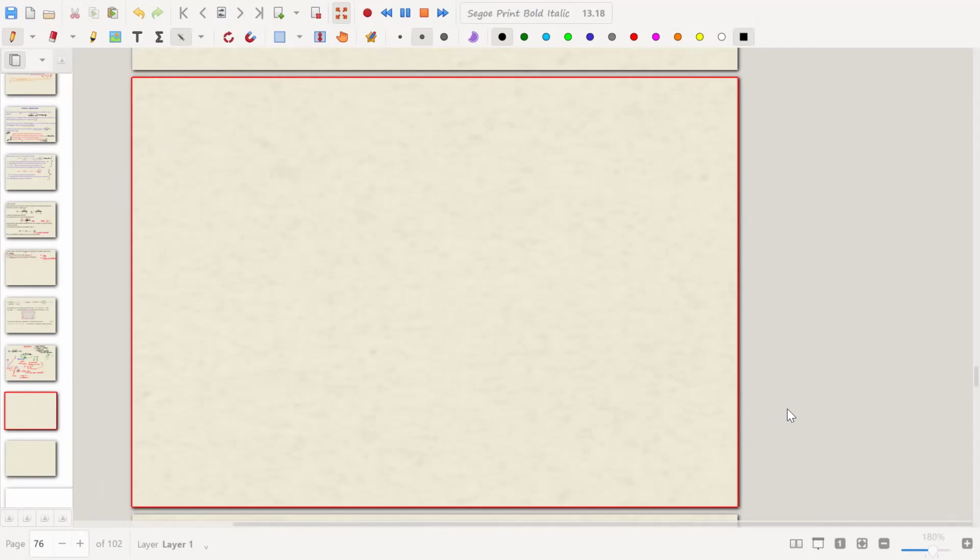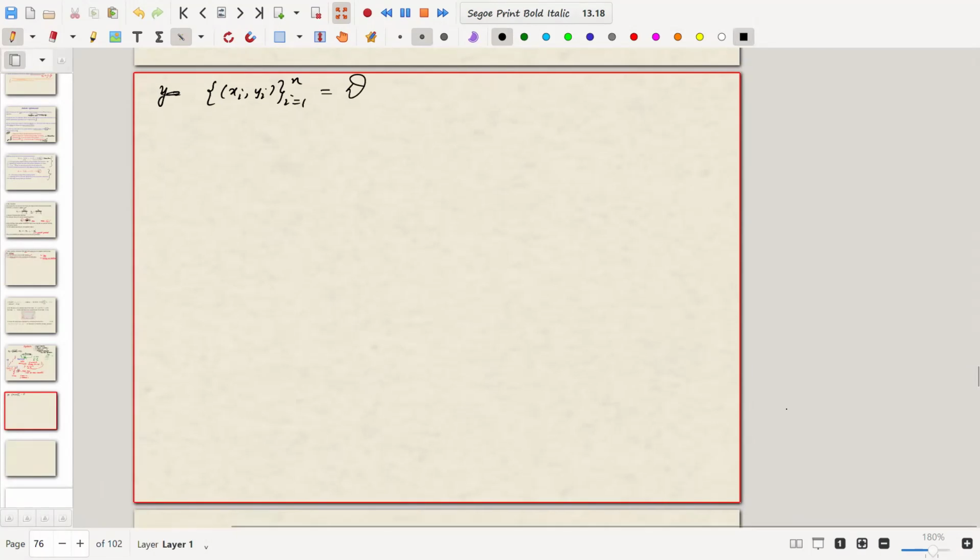You can see y is a function. You have a data set xi, yi. This is your data set D. You have the data information about the xi's, which are the independent variables, and yi are the dependent variables.